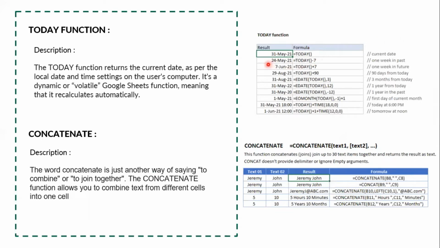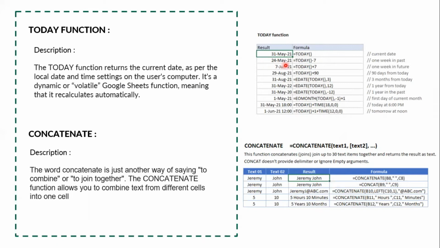For instance, like in this case, 24th of May 2021. You want to know a week before what the date is.